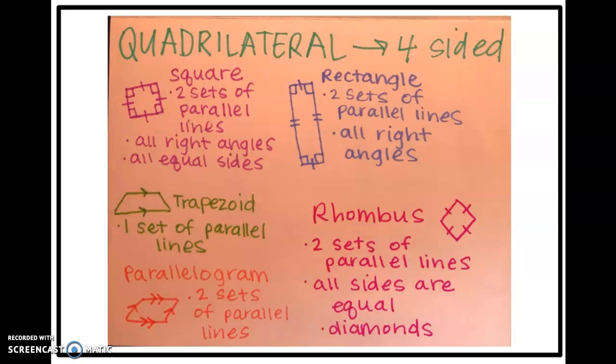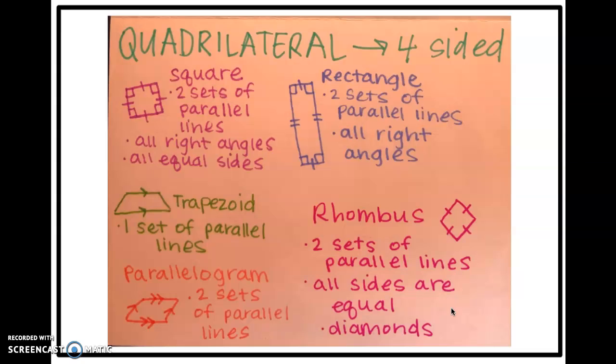Next up, something we all know as well, I'm sure, is a quadrilateral. This is a 4-sided polygon. This is the generic name of the polygon because we have a square, a rectangle, a trapezoid, a parallelogram, and a rhombus.